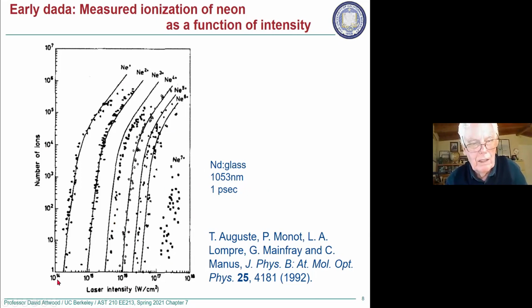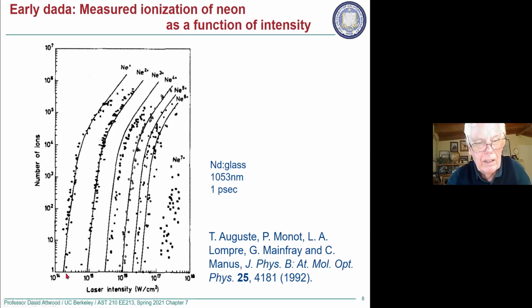And this is showing, as they increase the laser intensity, a number of ions were collected, as electrons were being pulled off. Just above 10 to the 14th watts per centimeter squared, in neon, there's a little bit of ionization.